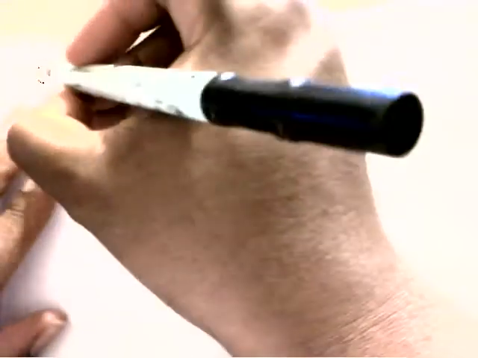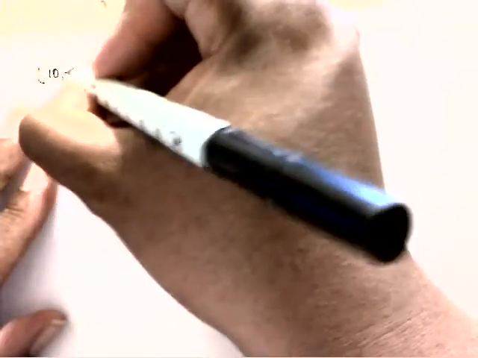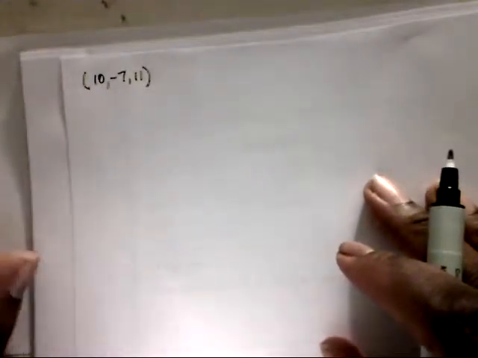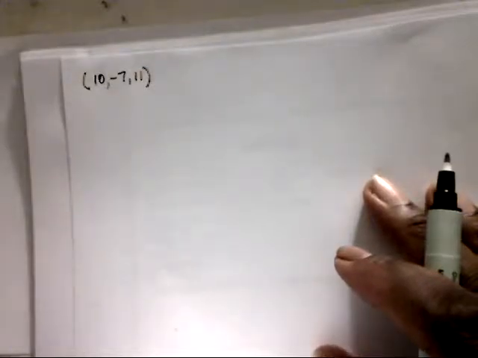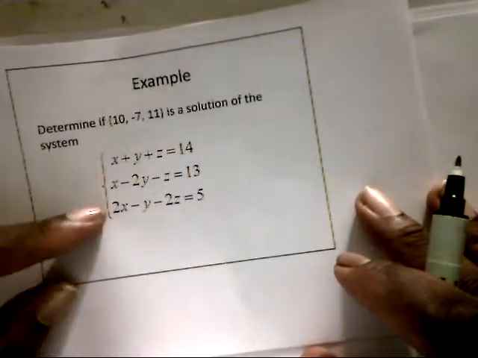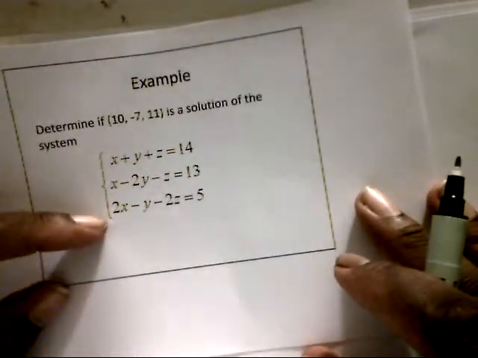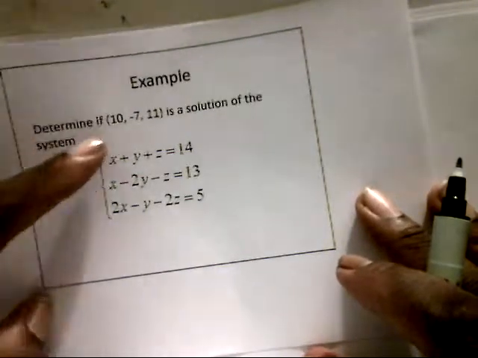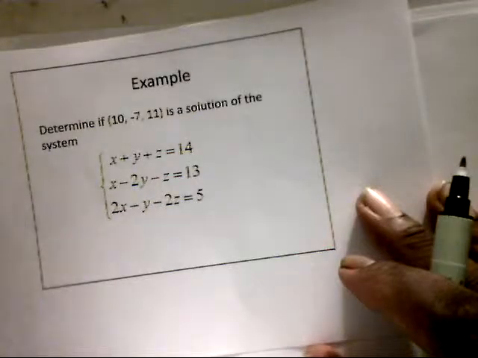Now the ordered triple that we're looking at is 10, -7, and 11. We have to replace the x, y, and z in each one of those linear equations to determine if that ordered triple is a solution to the system. And they all have to be true in this case. The left side must equal the right side for all three linear equations here.